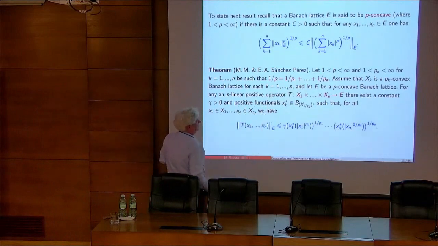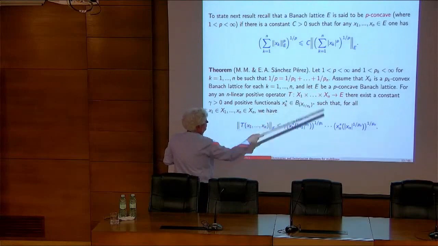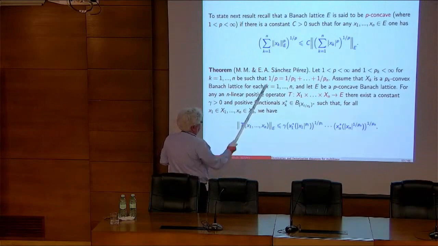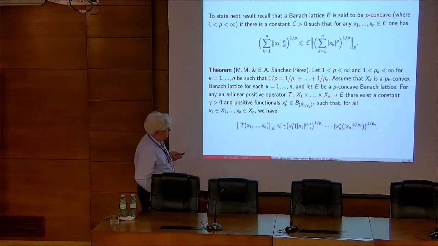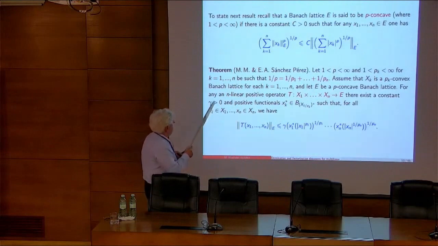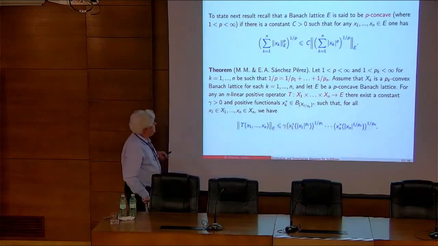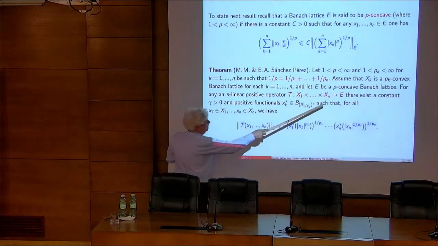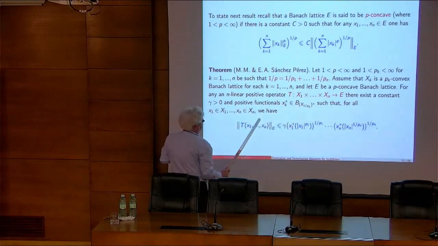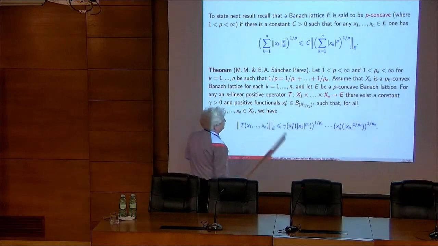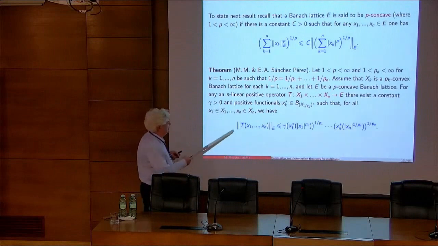So if we have P and Q, P between 1 and infinity, and for n-tuples, this classical P-convexity inequality, and we have a P-concave Banach lattice, so in a sense the dual notion to being P convex, an n-linear positive operator from these Banach spaces to this E, then there are positive functionals in the unit ball of this 1 over P convexification, for which we have this inequality.